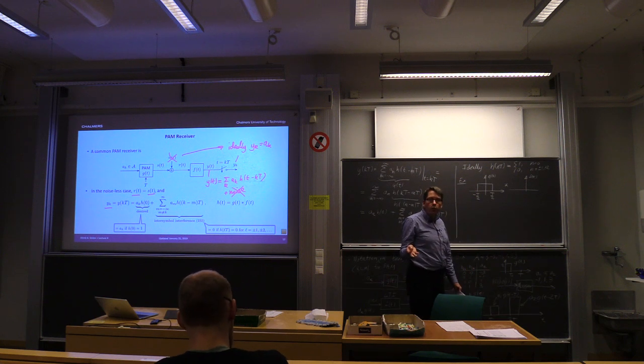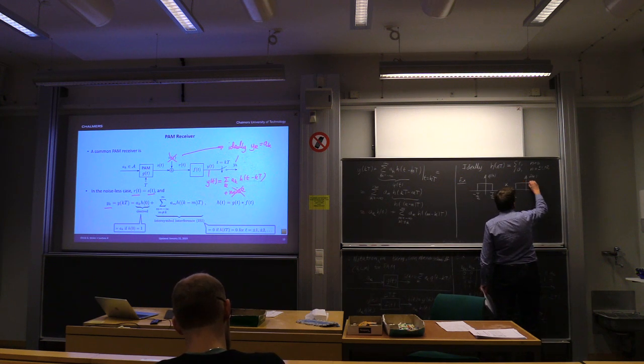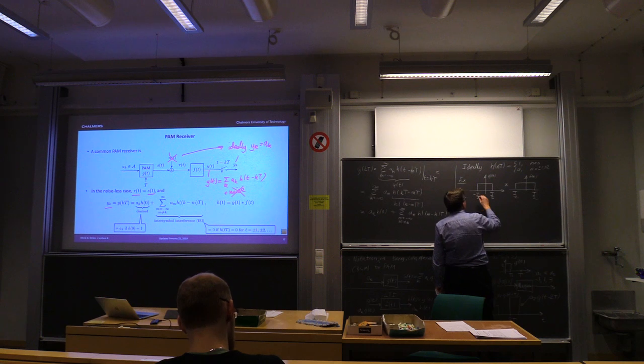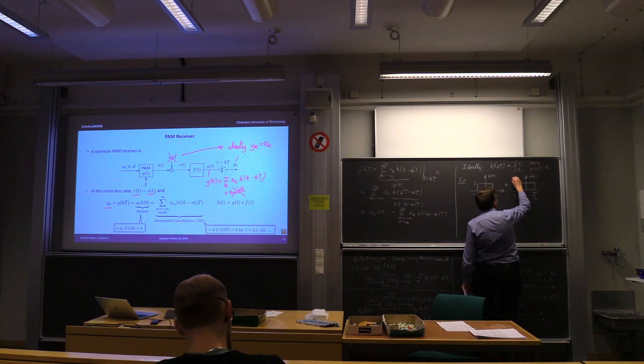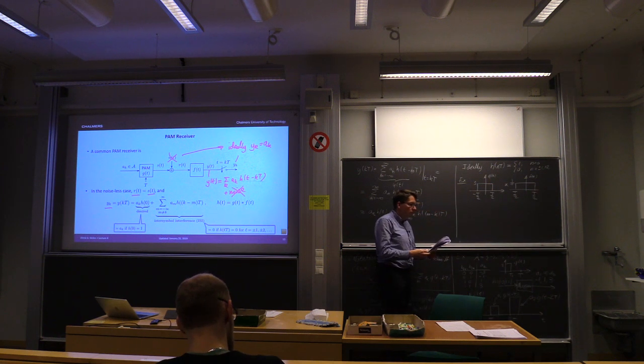So f we can choose, and to make life easy for me, I choose it to be exactly the same as g. And if this has amplitude 1, I will, for simplicity, just choose the amplitude 1 over T here.